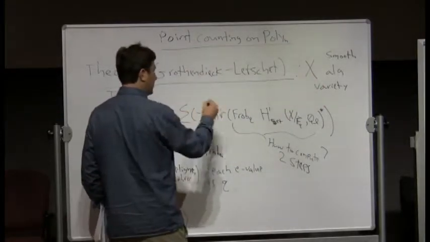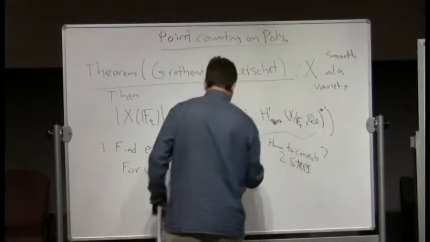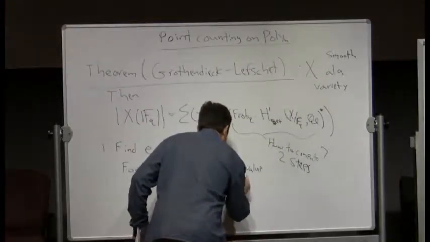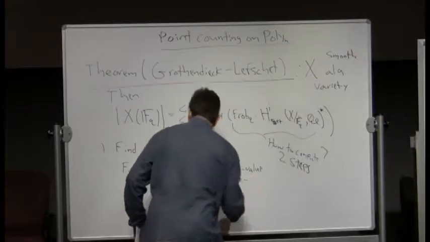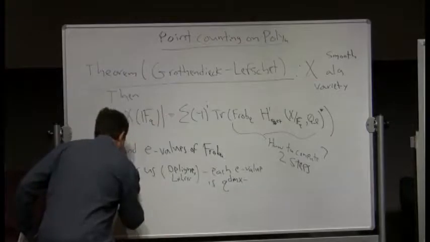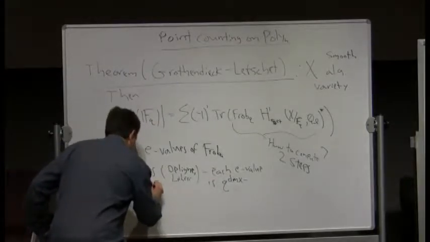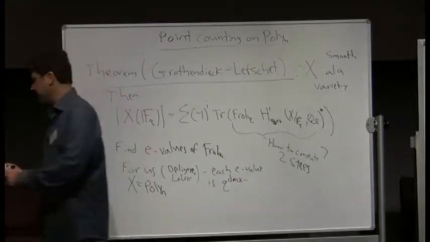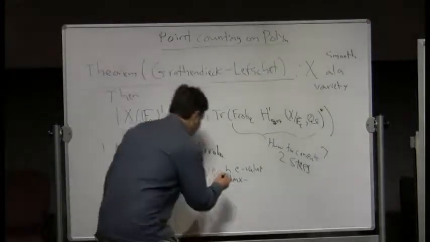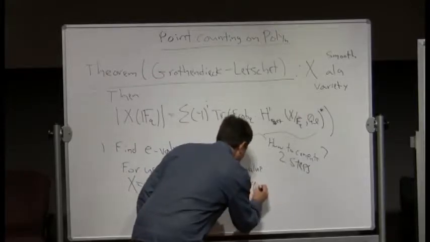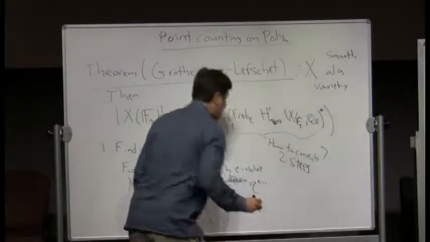And to do it, it's q to the dimension of your variety minus i. When I say for us, I mean X is poly sub n. The dimension of the variety poly sub n is n, its complex dimension. So the answer you get is q to the n minus i.